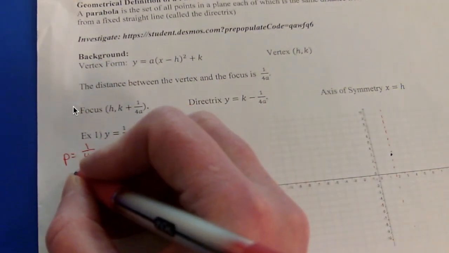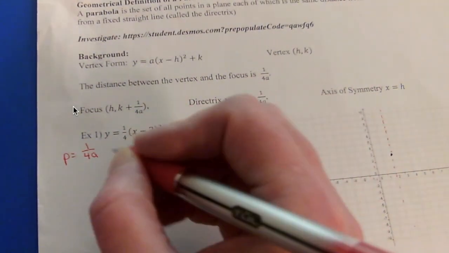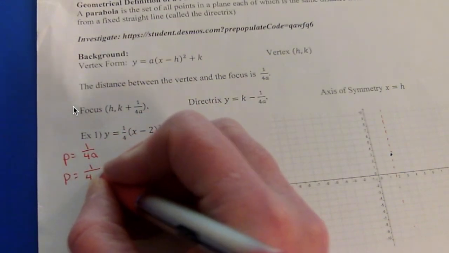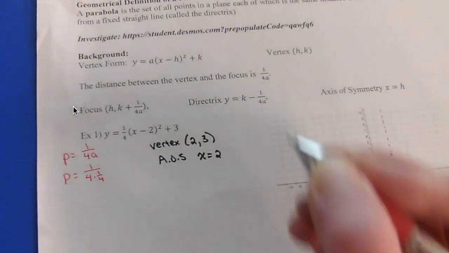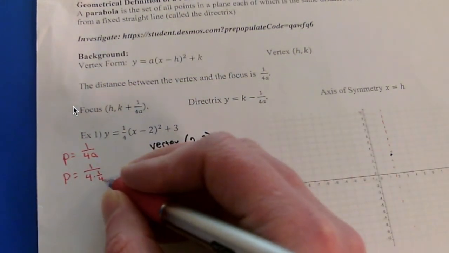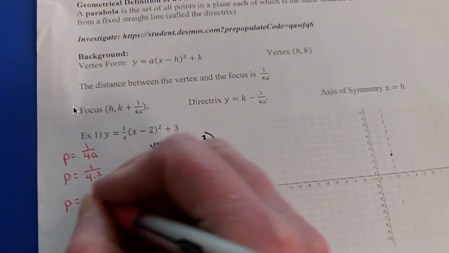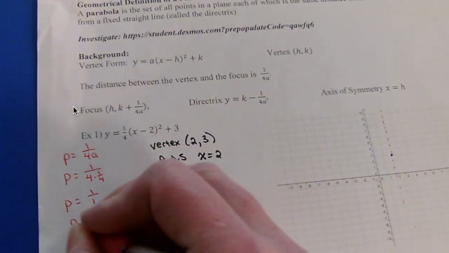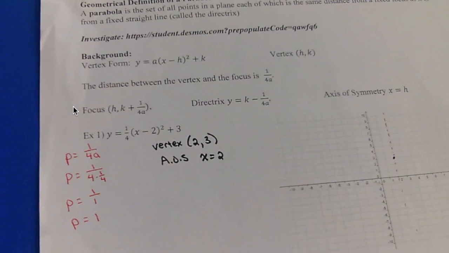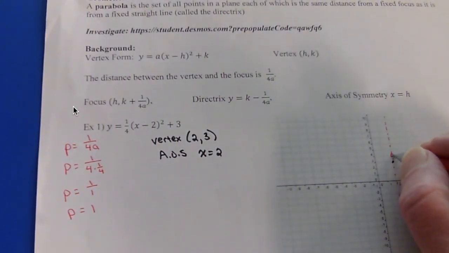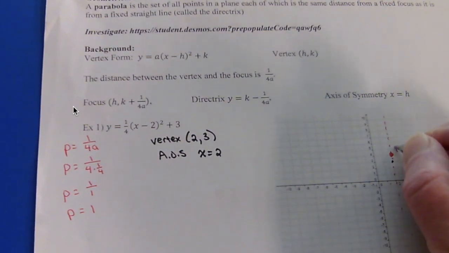So that means a is 1/4, so p equals 1 over 4 times 1/4. 4 times 1/4 is 1, so that's 1 over 1, which would just be 1 step. So I'm going up 1 step, and that is my focus.